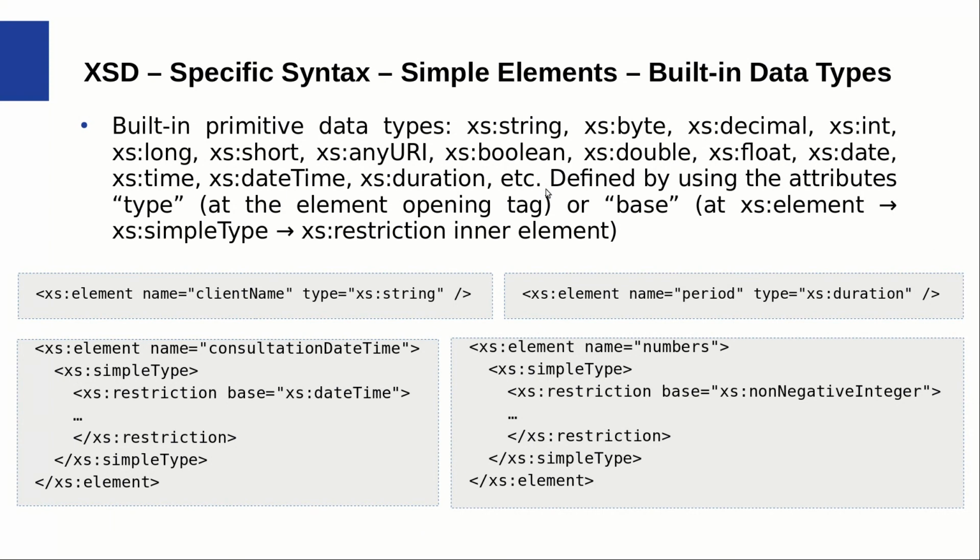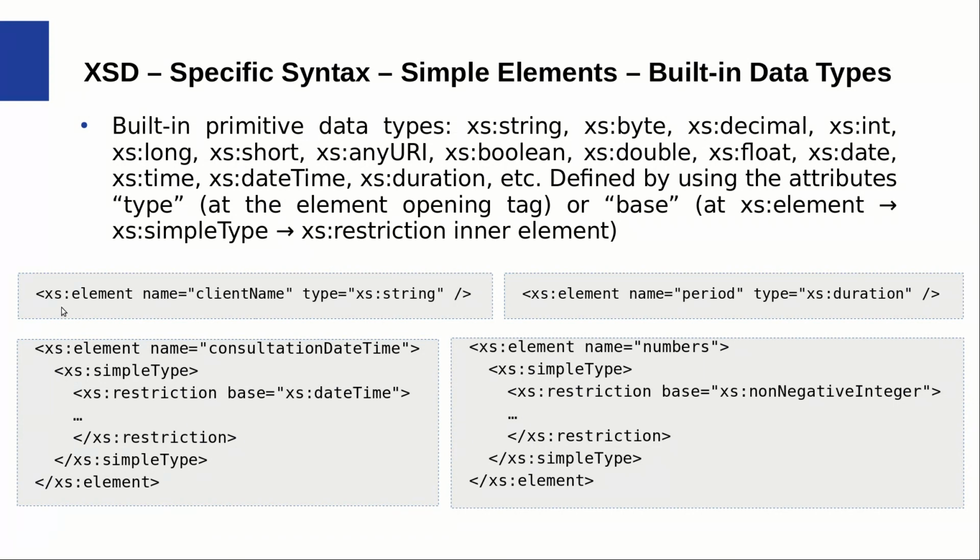And as we've said, you can define these built-in data types in two ways: the simpler, using the type attribute, or with the extended declaration using the base attribute at the restriction element. So here are four examples: two using the inline simpler declaration of a simple element.